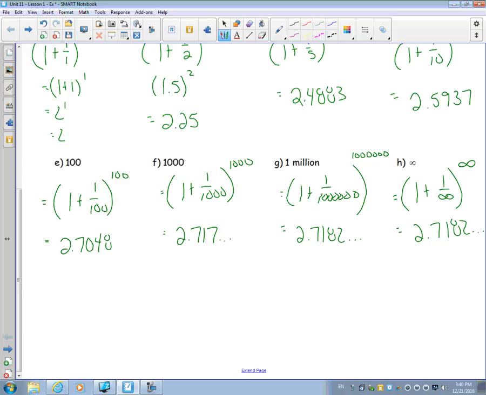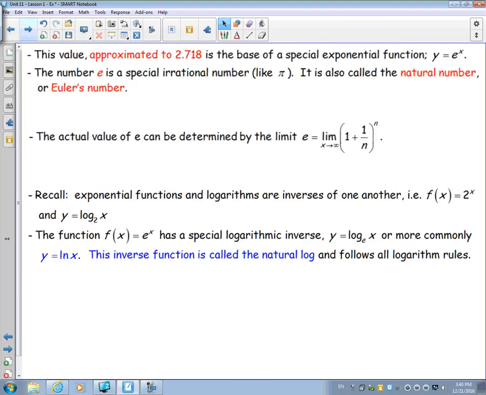As we got bigger and bigger and bigger, our numbers started approximating the same value. And this is a really special number. The number we just figured out, that idea of 1 plus 1 over n to the n, which can be approximated to 2.718, is a special exponential function that we call y equals e to the x.